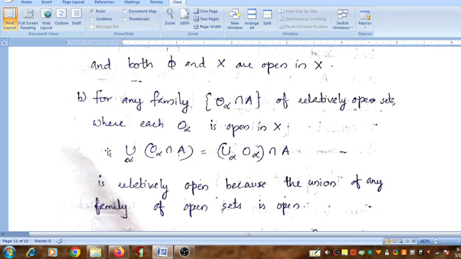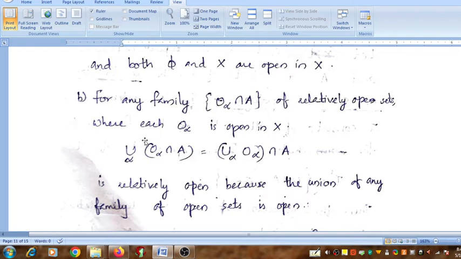That is the point we want to verify. Here we are going to verify whether the union of any collection of members of tau prime is also a member of the same collection.